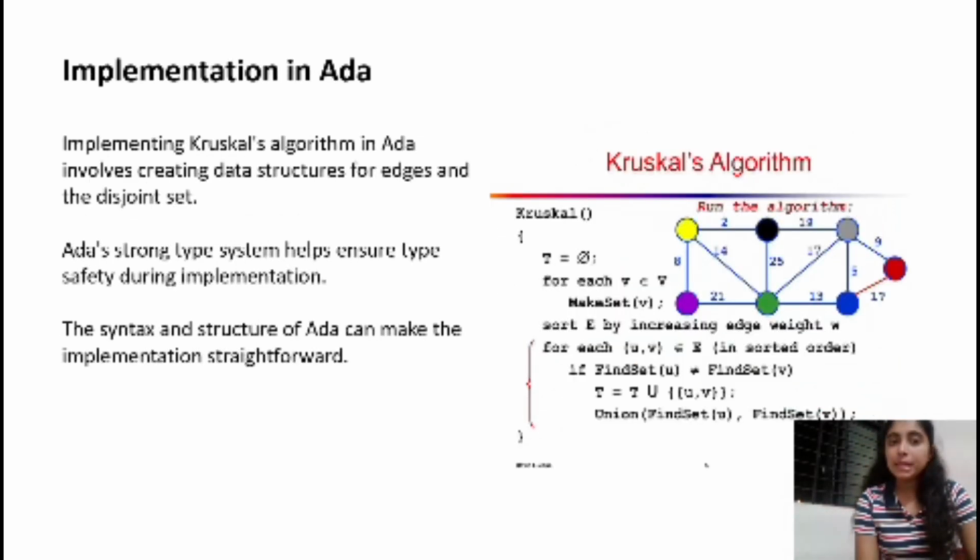Implementation in Ada. Implementing Kruskal algorithm in Ada involves creating data structures for edges and the disjoint set. Ada's strong type system helps ensure type safety during implementation. The syntax and structure of Ada can make the implementation straightforward.